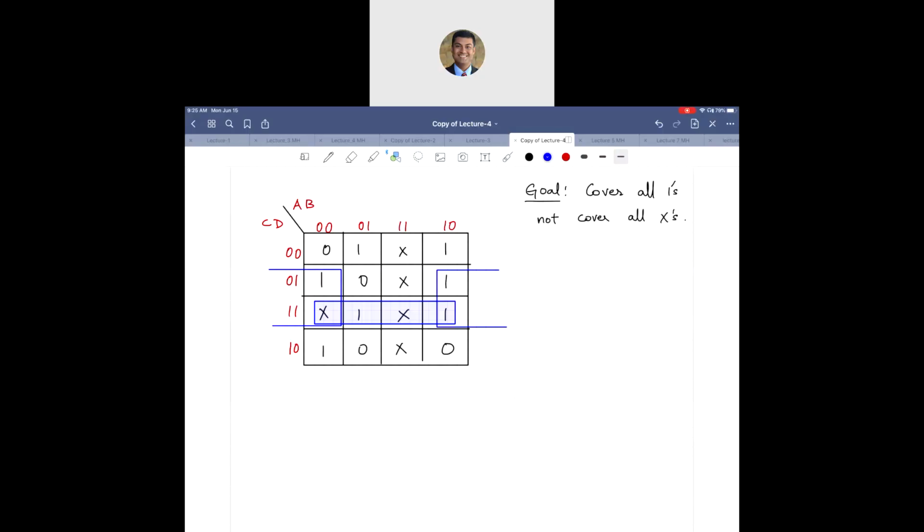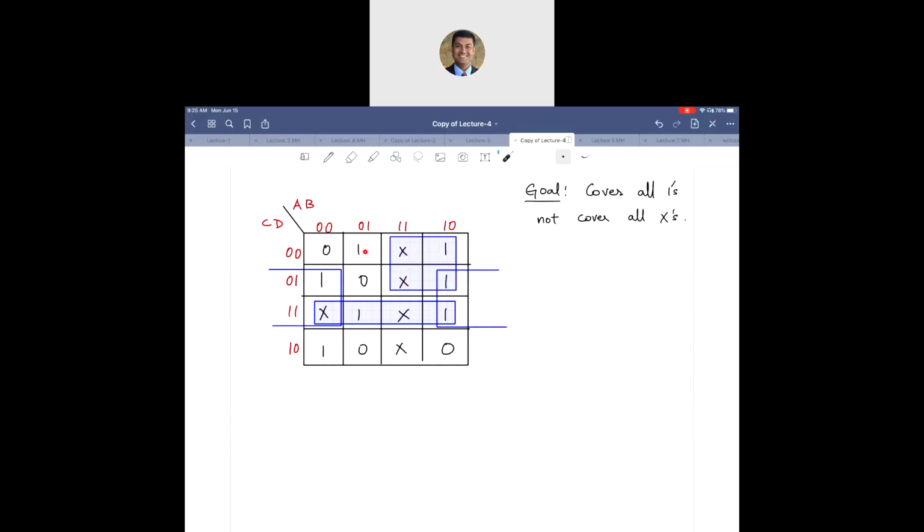Next, focus on the top right corner. For that particular top right corner, you can make a really big group by combining 4 ones right here. So you have treated those 2 don't cares as ones here.